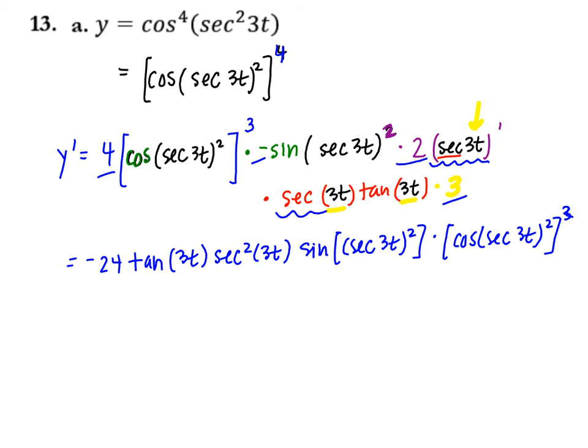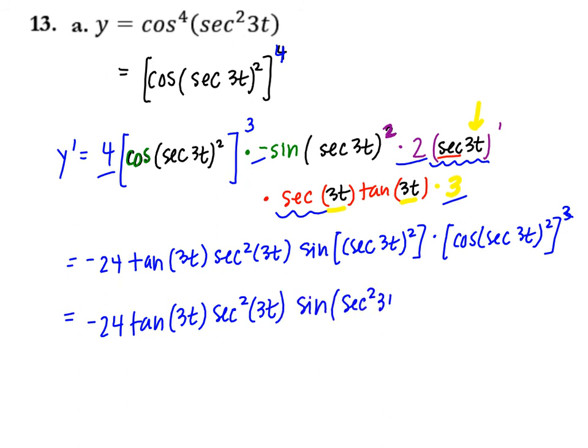If we were to write this again, how we do with our lazy trig exponents: negative 24 tangent of 3t, secant squared of 3t, sine of secant squared 3t, times the cosine to the third of secant squared of 3t. So that's a little less intimidating.